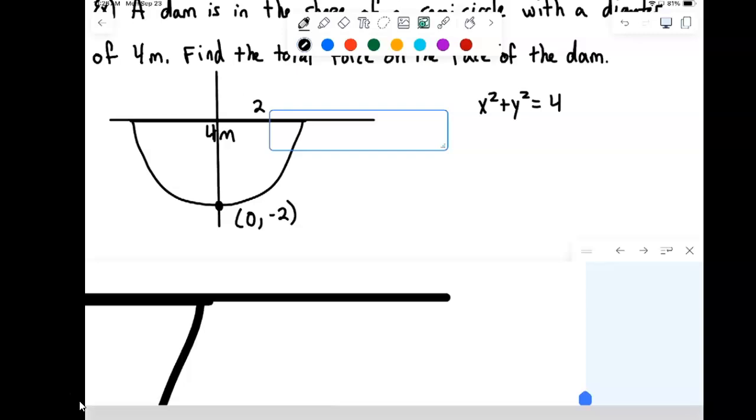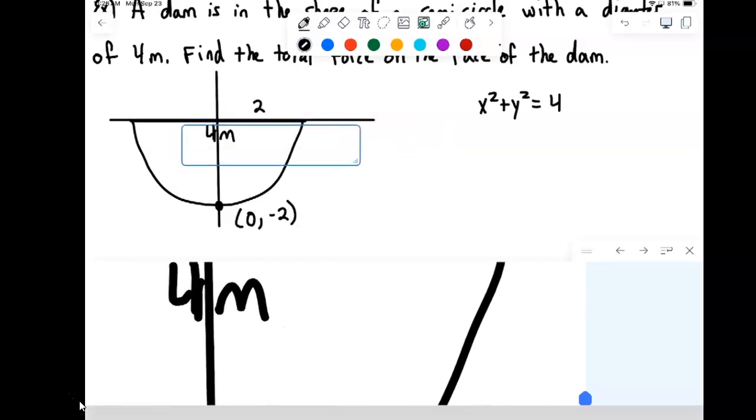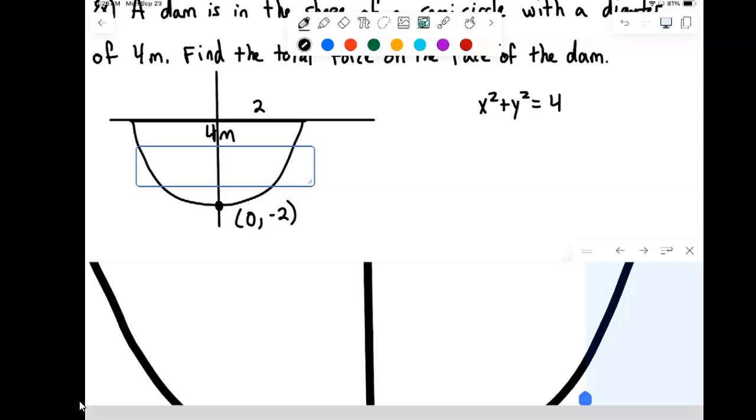So I do have to take that into consideration as I start talking about this integral. I have to keep in mind that in the picture above, I had the bottom of the dam at 0 and the top of the dam was my value a, and that's going to come into play here.